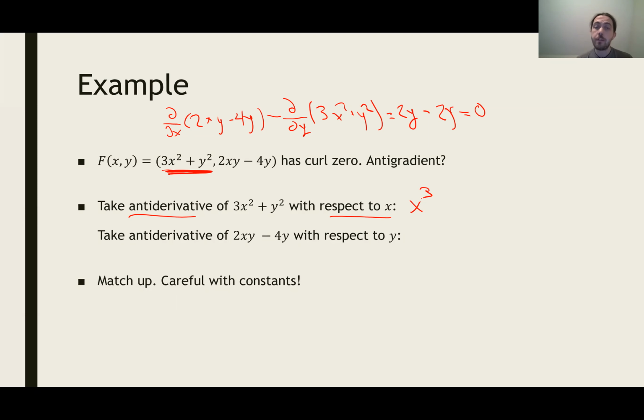An antiderivative of y squared with respect to x is xy squared. Both of those are functions where if I take the derivative with respect to x, I get 3x squared plus y squared. But I must remember that there's going to be a constant here.